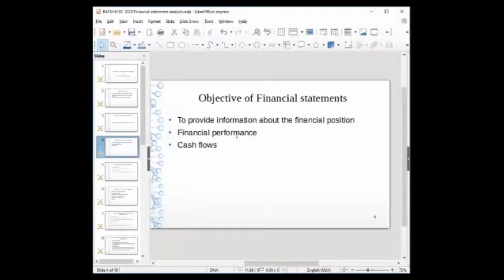Financial position is the status of the assets, liabilities, and owners' equity, while financial performance is a measure of how well a firm can use assets from its primary mode of business and generate revenues.